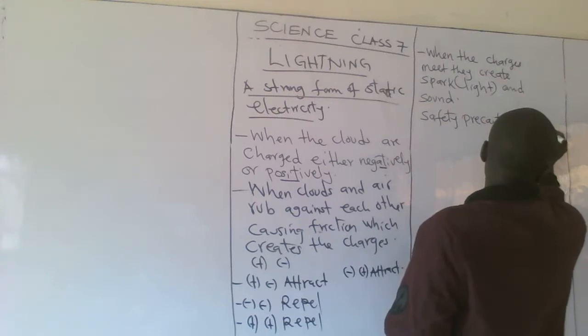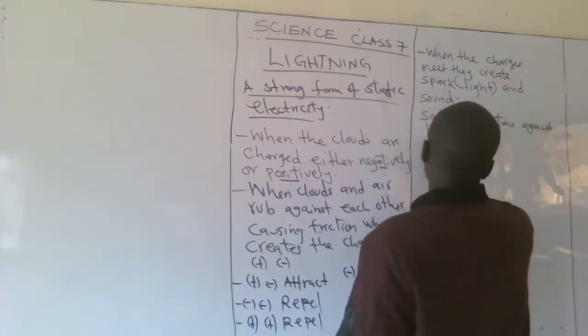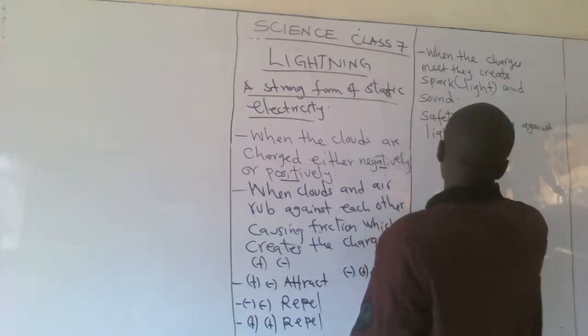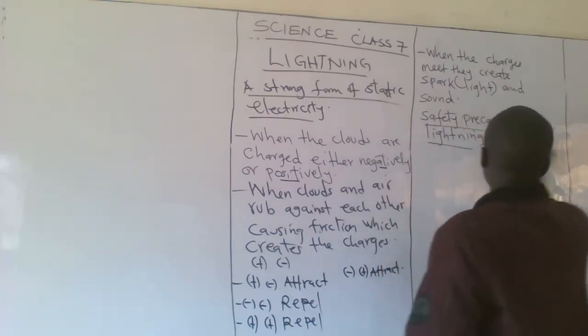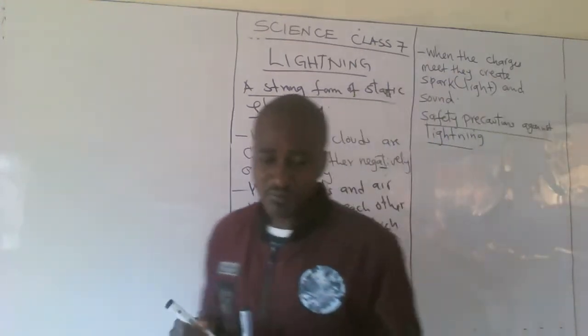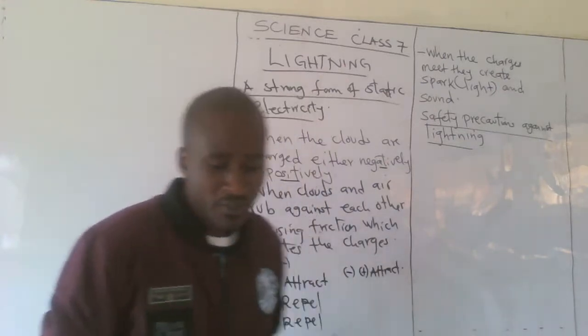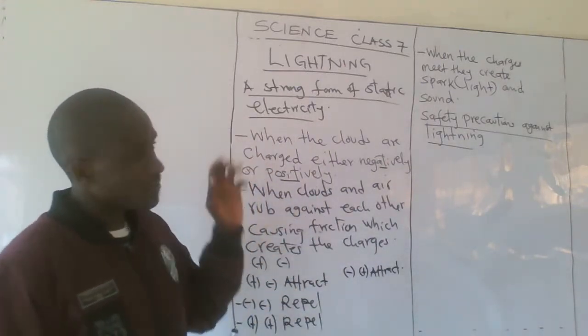These are the measures which you're supposed to take so that you avoid being struck by lightning.